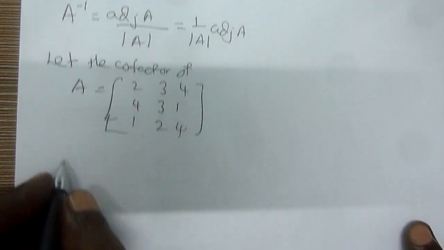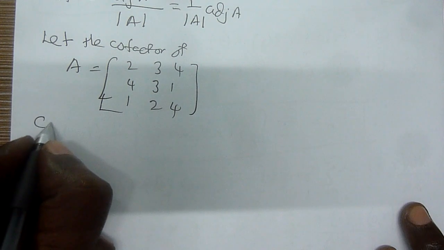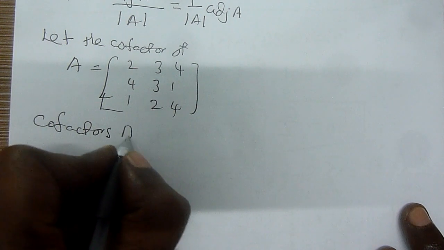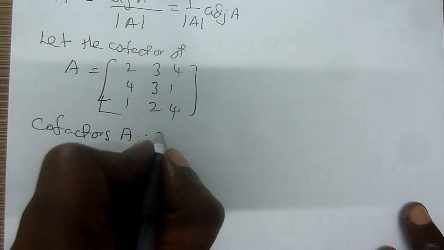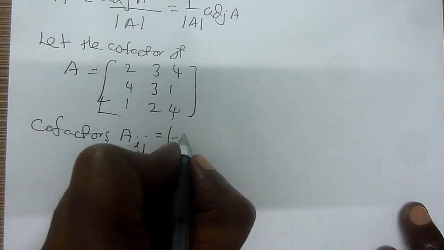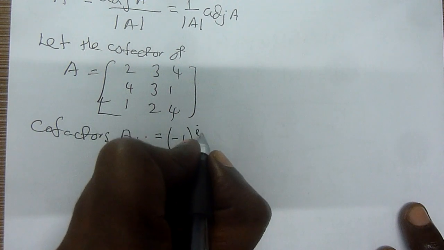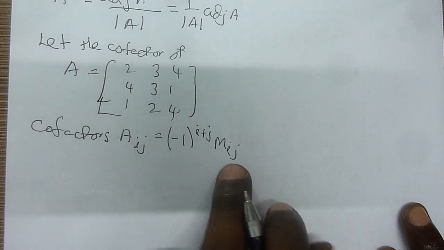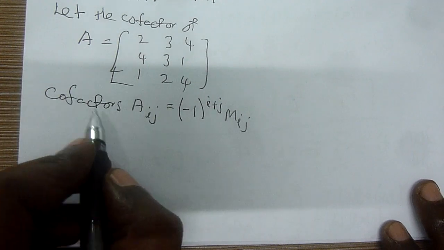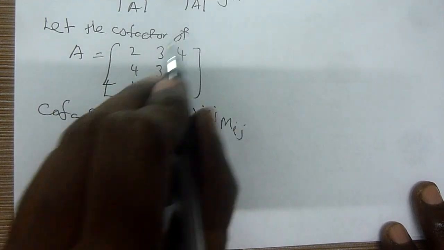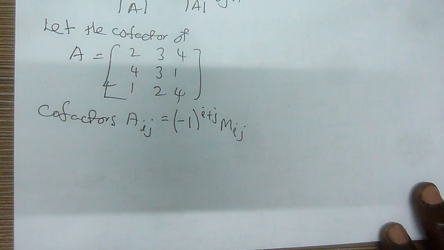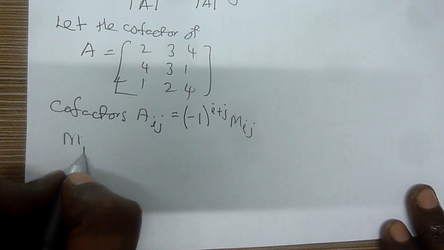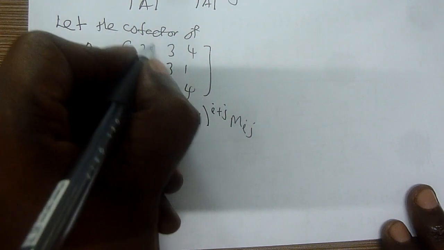The cofactor of a_ij is (-1) to the power of i plus j times M_ij. What does it mean? You just pick one by one, similar to the method that we use for the determinant. But here we choose M11 first.